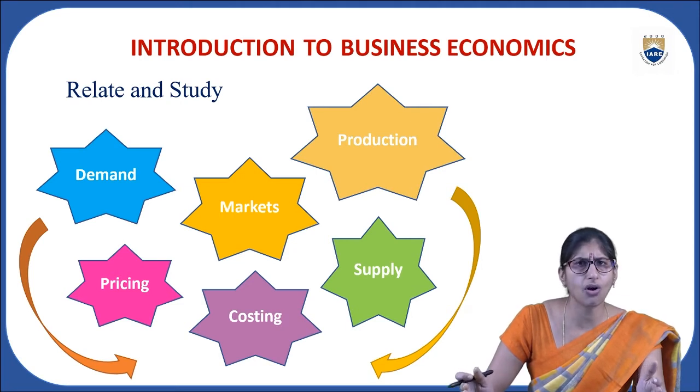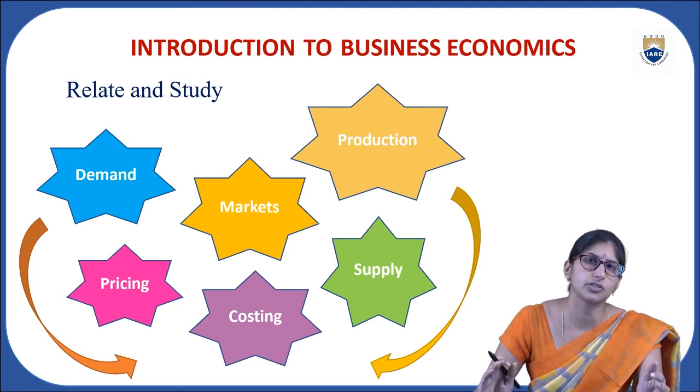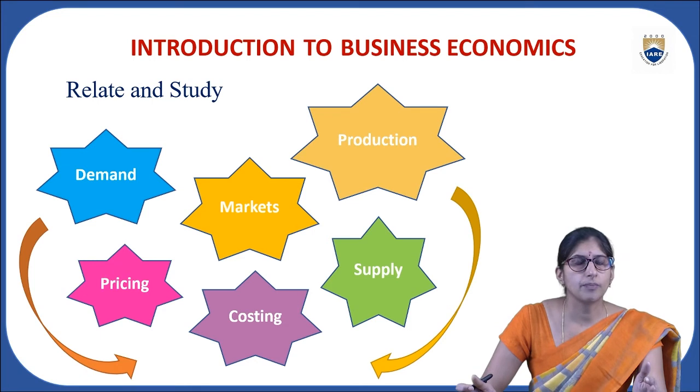All these aspects come into the picture. So the producer must first check the consumer behavior for the product he is going to produce, and next, check the demand for his product in the market.